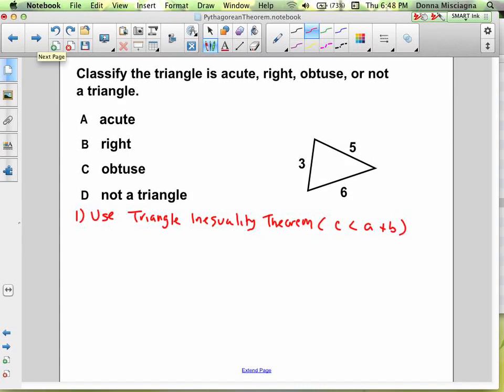We got 3, 5, and 6. 6 is our c because that is the largest side. We're going to add up the others. Well, 3 plus 5 is 8, and 6 is indeed less than 8. The figure is a triangle.